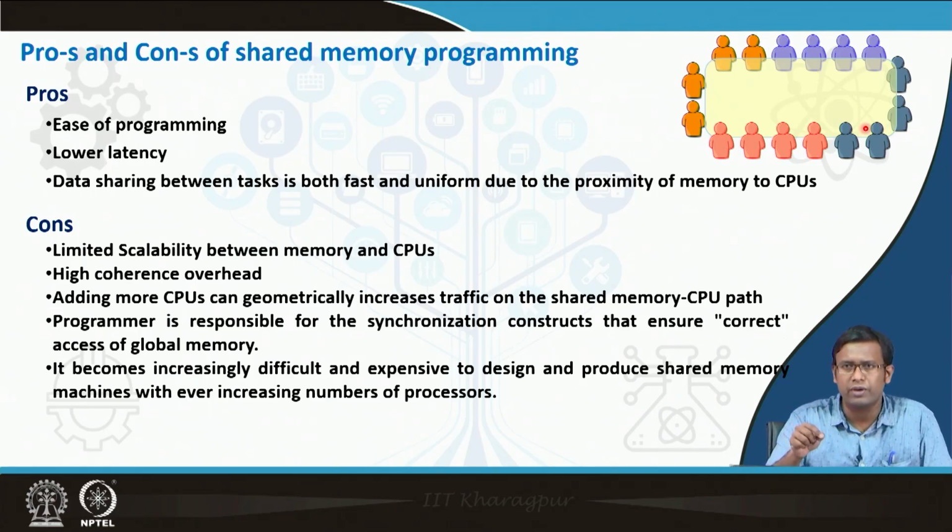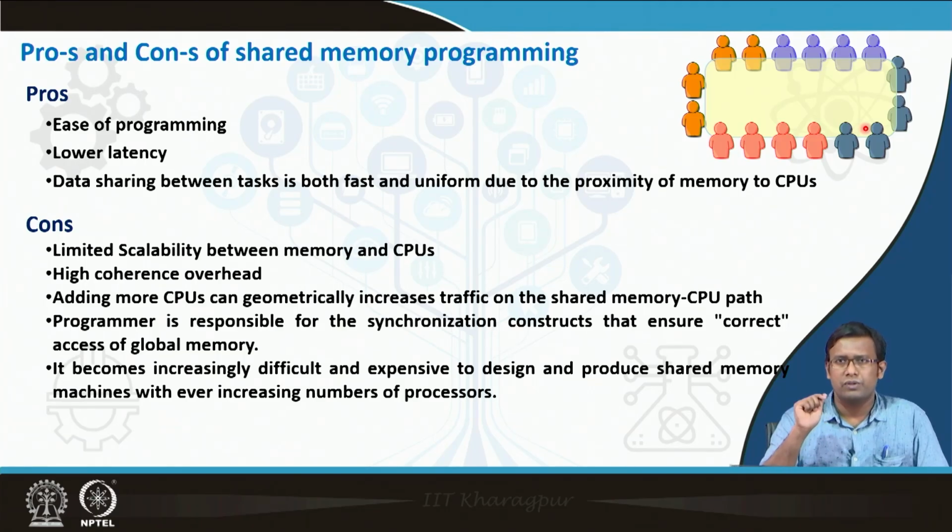You have to identify the location where synchronization is required, and as a programmer, you have to put a synchronization clause or construct there, so that access to global memory is correct for different processors. It is the programmer's job to identify that this should be a critical access to the operation.